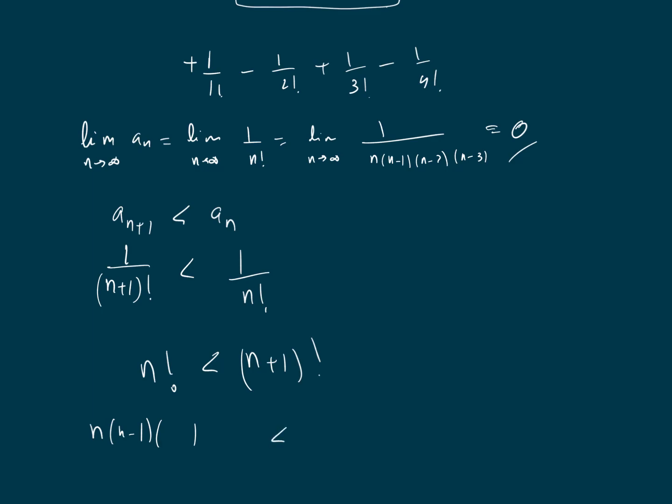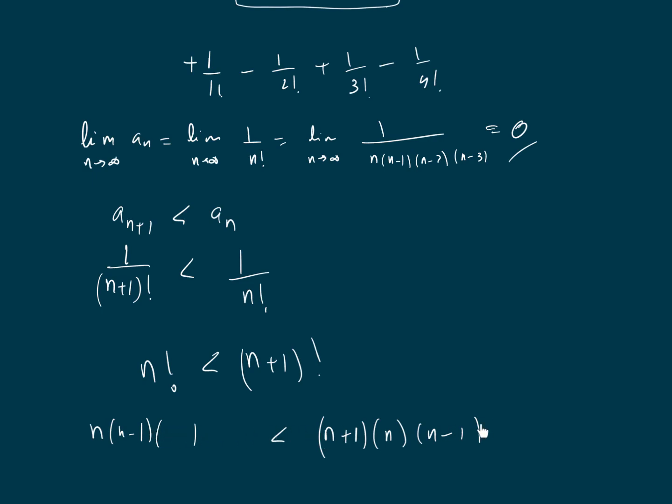And n plus 1 factorial means n plus 1 multiplied by n times n minus 1. So on the right side I have the same as on the left side, but now with an n plus 1.